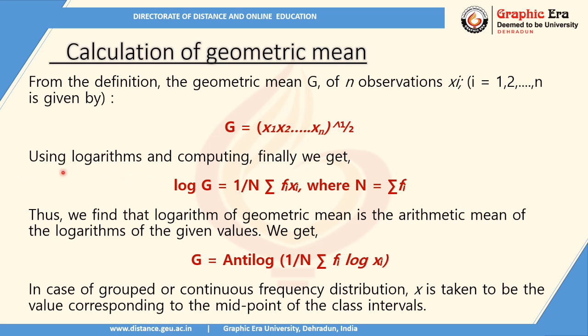If we use the log and compute, finally we get log G equals 1 upon n sigma fi log xi. Thus we find that the logarithm of the geometric mean is the arithmetic mean of the logarithm of the given values. In the case of a grouped or continuous frequency distribution, x is taken to be the value corresponding to the midpoint of the class intervals.